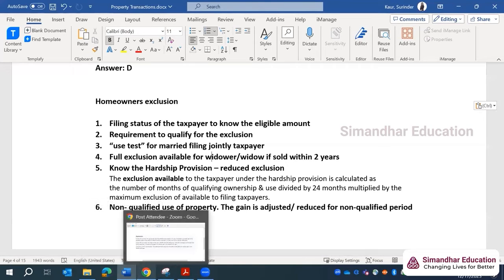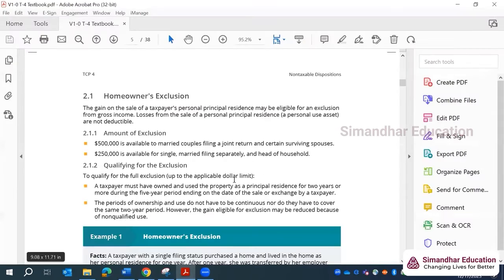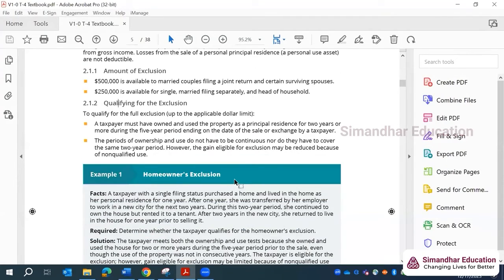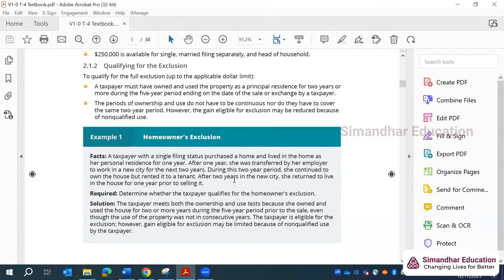All right. So I'll go back to the content now. Let's look at this example here. A taxpayer with a single filing status. So they have mentioned the filing status for you. She purchased a home and lived in the home as her personal residence for 1 year.